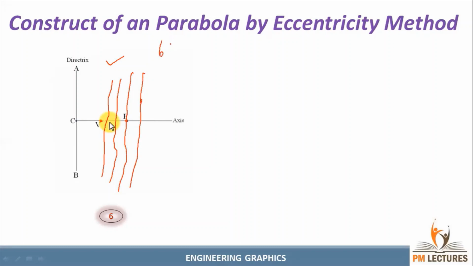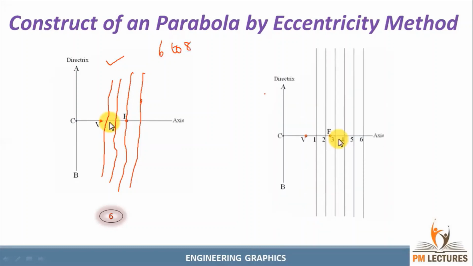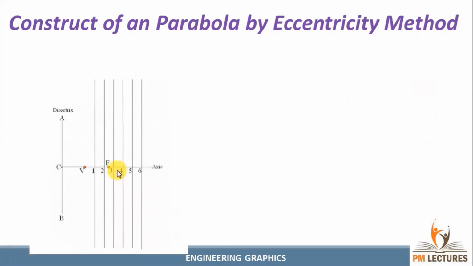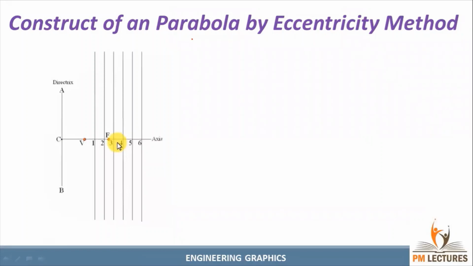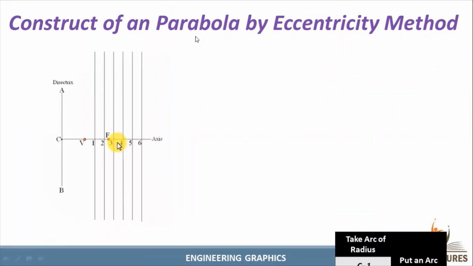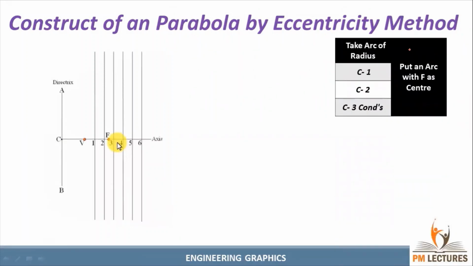Up to 6 to 8 lines you can draw like this and give the names 0, 1, 2, 3, like this. After that, you can draw a tabular column if you need it, otherwise this is not required. For understanding purposes only, we have drawn it.